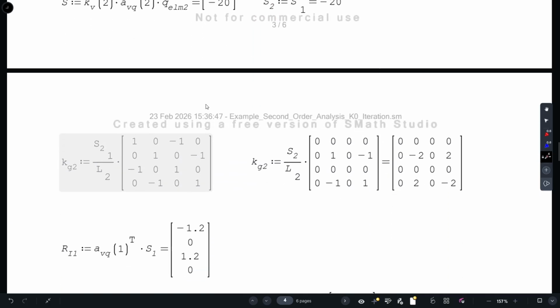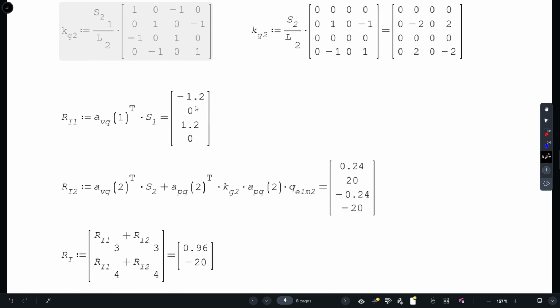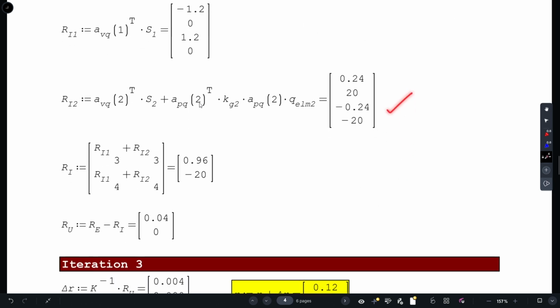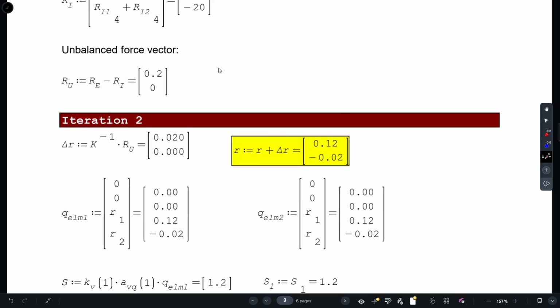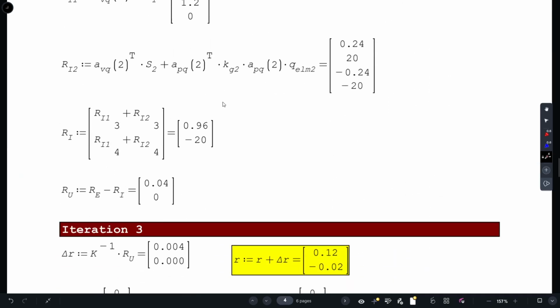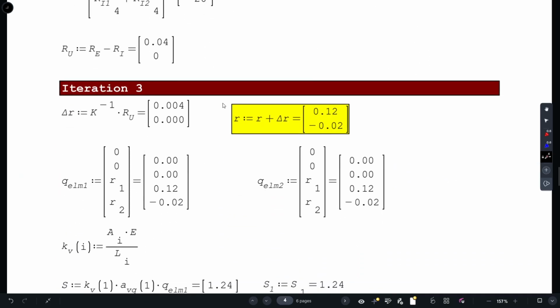Then again from the geometric stiffness matrix for the second element, calculate the internal resisting forces for both elements, basically repeat the same procedure, calculate the new Ri, and you see that the unbalance has now reduced to 0.04 and 0. At the end of the first iteration, it was 0.2 and 0. So we do one more iteration by taking this as the new unbalance.